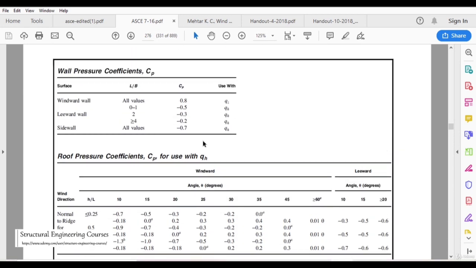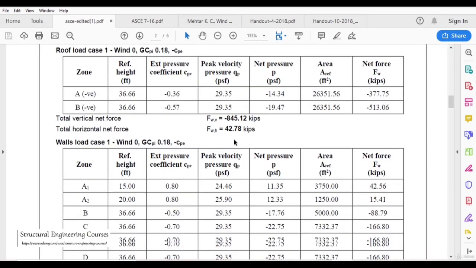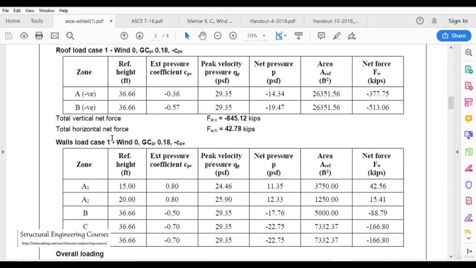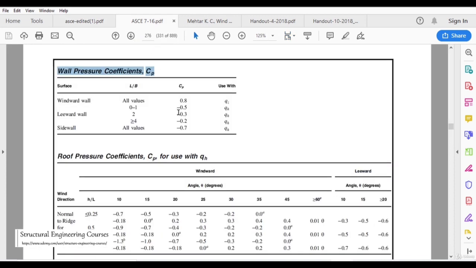27.3-1. Here we can see that the code has given wall pressure coefficients CP and roof pressure coefficients. Wall pressure coefficients are very easy, which we had also considered in the previous lecture. If we want to calculate the wall loading, this calculation has highlighted various areas, that is A1, A2, B, C and D, and A1, A2 are the loading for the windward walls.